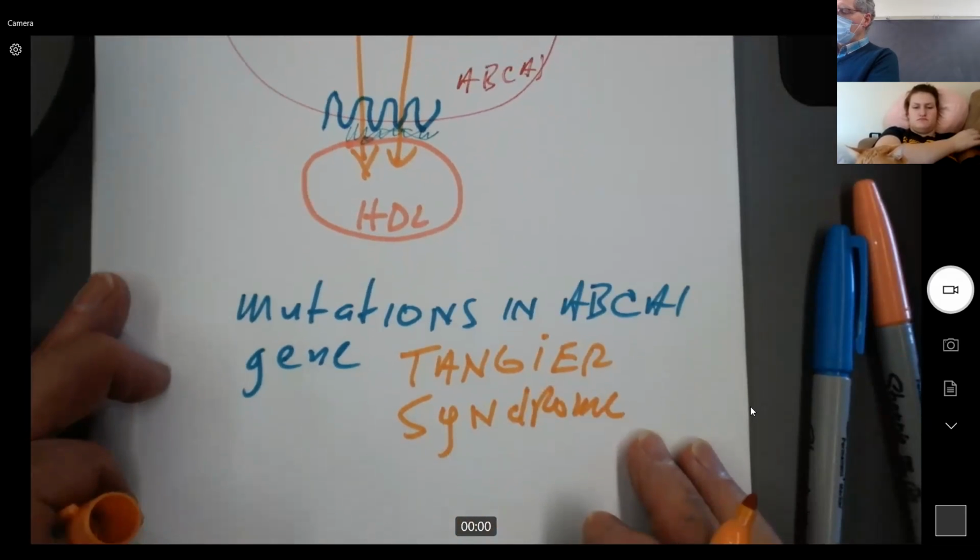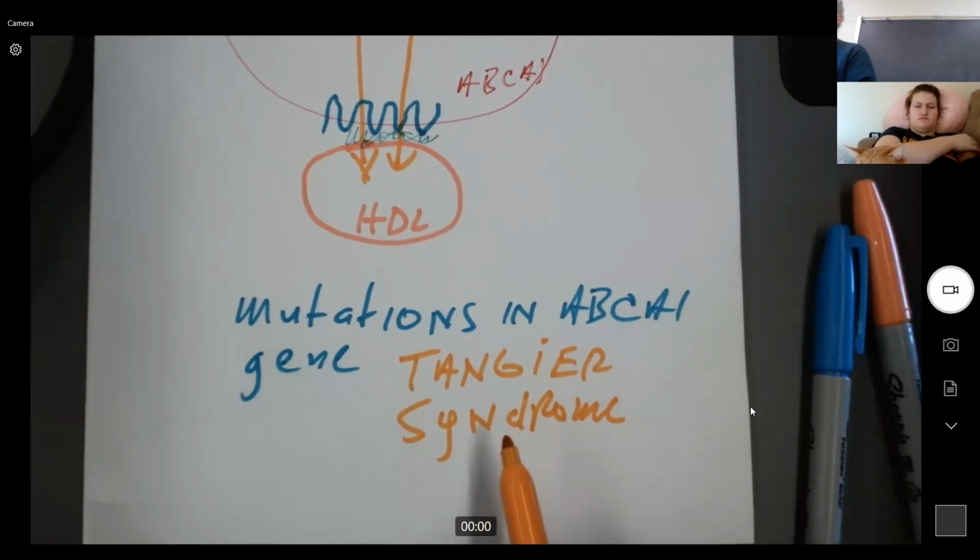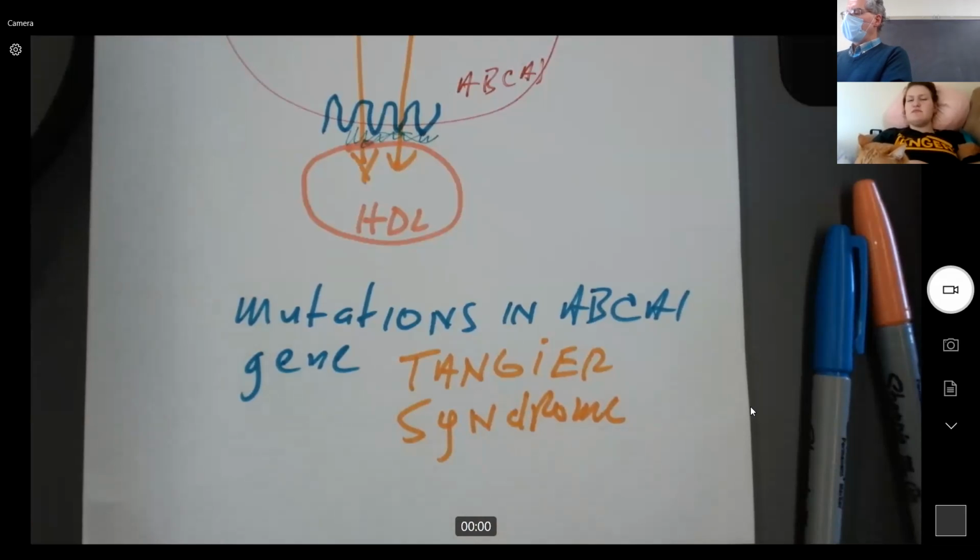And Tangier syndrome is characterized by very high serum cholesterol levels and very low levels of serum HDL. Is ABCA1 short for anything? Is it like an acronym at all? It's a member of the ABC cassette transport proteins.